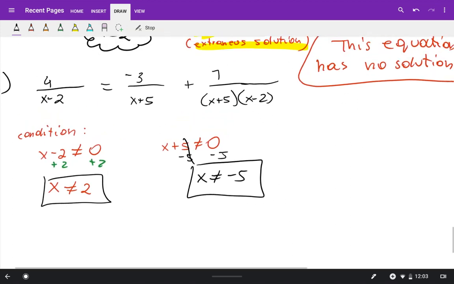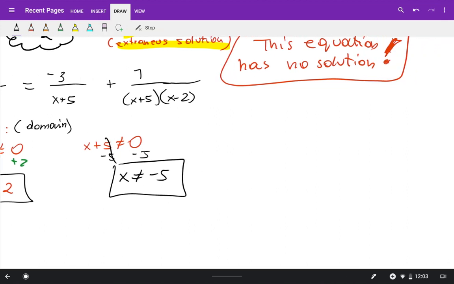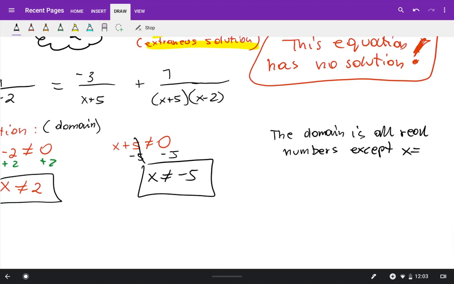Okay, so the condition, which we also call the domain, I will put that the domain is all real numbers except x equal 2 and x equal negative 5.